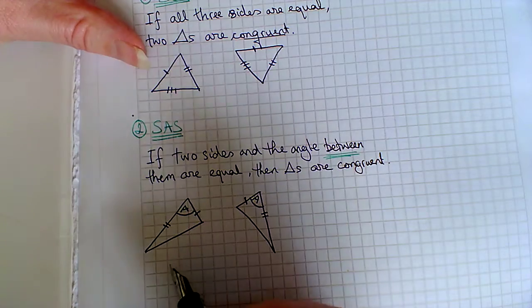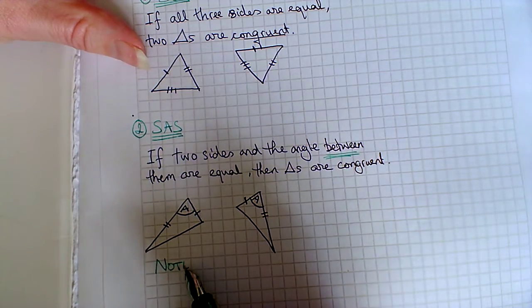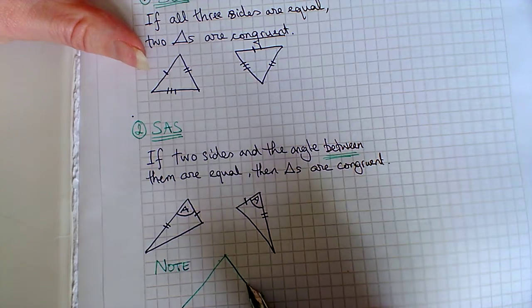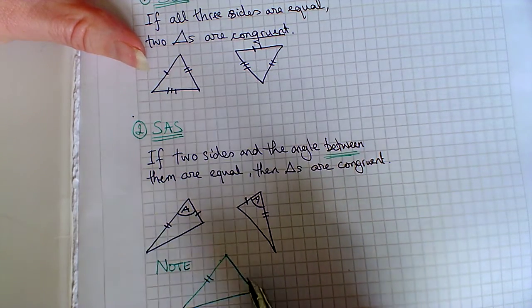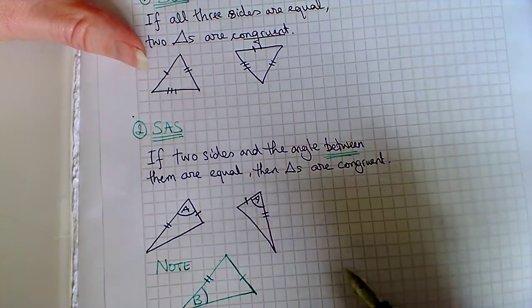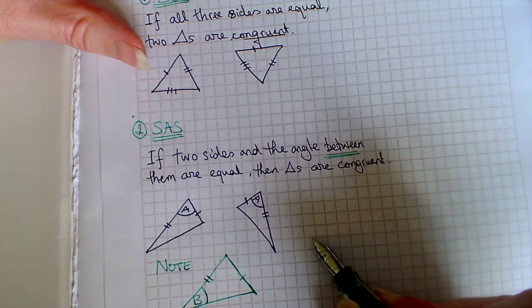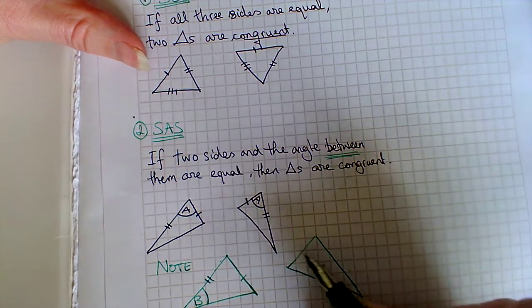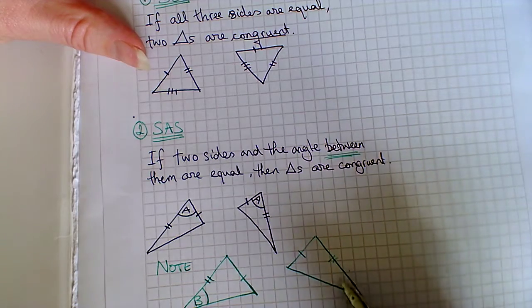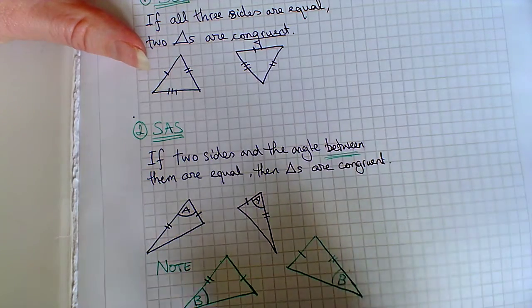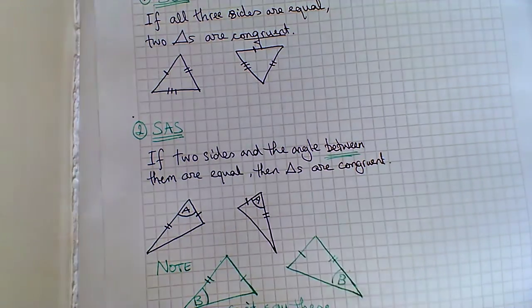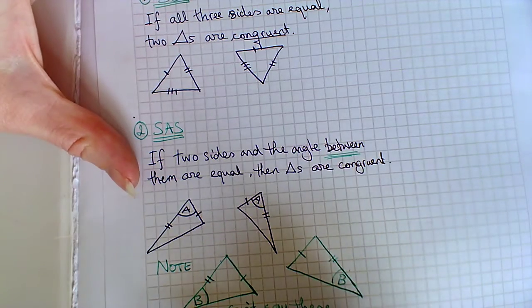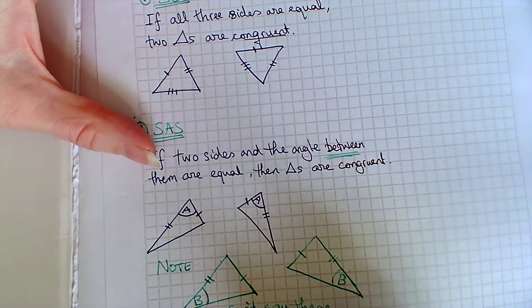This would not work if we were told a different angle being equal. So let's just put down a note about that. If I had a triangle like this and an angle down here, something like this, I can't say these are congruent, as the angle isn't in between.